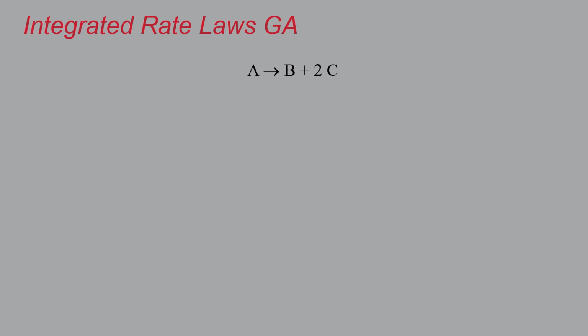All right, so let's talk about our generic A going to B and 2C. We can say that the rate of this reaction, and typically we tend to use reactants in these discussions, is equal to negative change in concentration of A divided by the change in time.